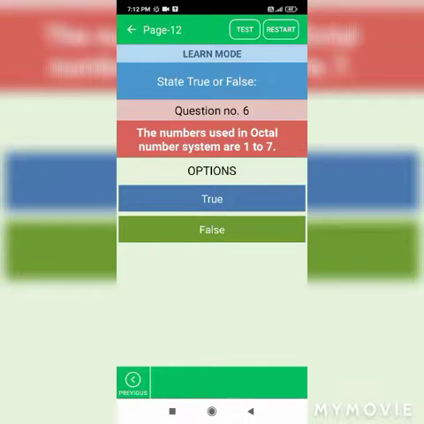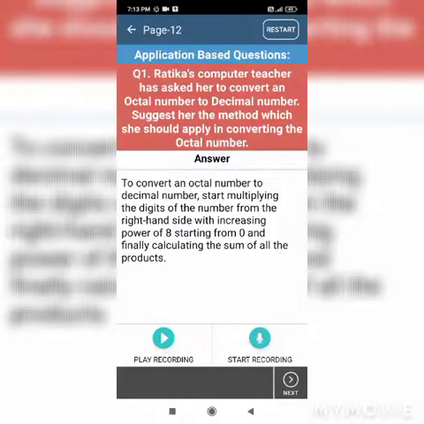Now next we will do our application based questions. So guys, here you can see the application based questions on your screen, with answers. Question 1 is, Ratika's computer teacher has asked her to convert an octal number to a decimal number.